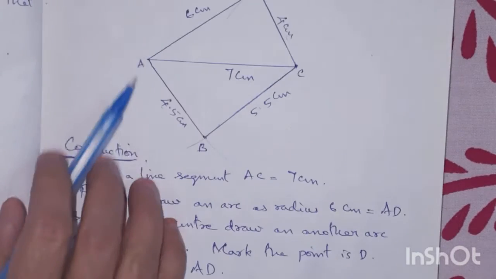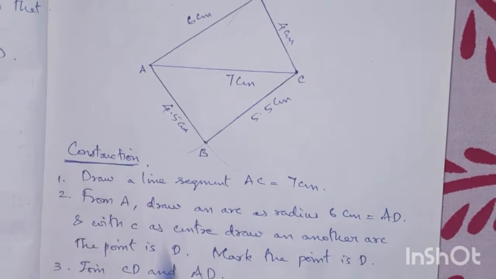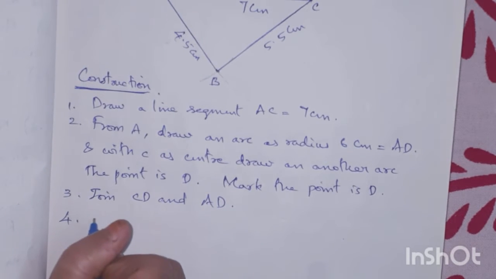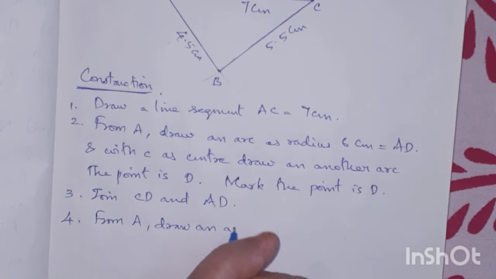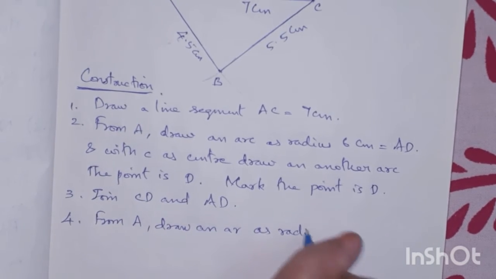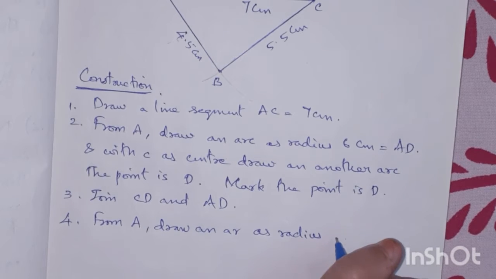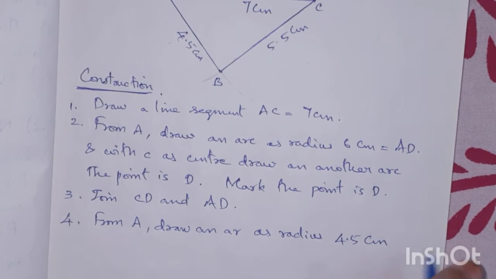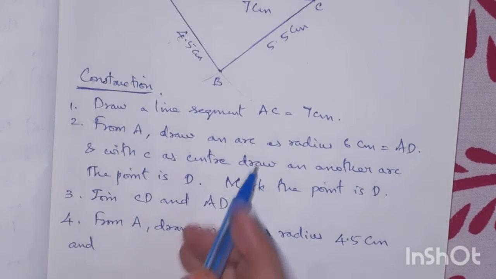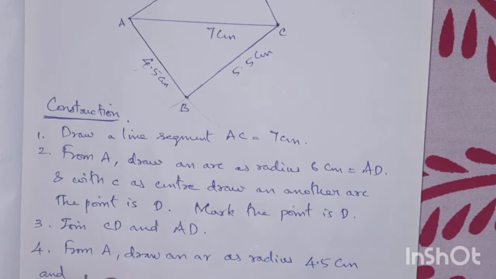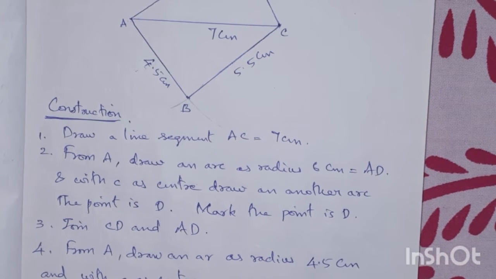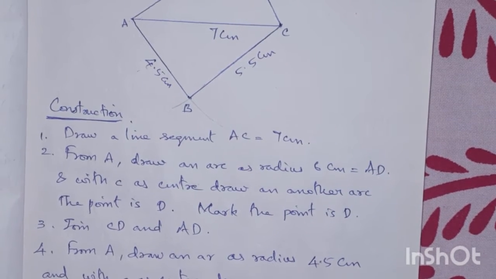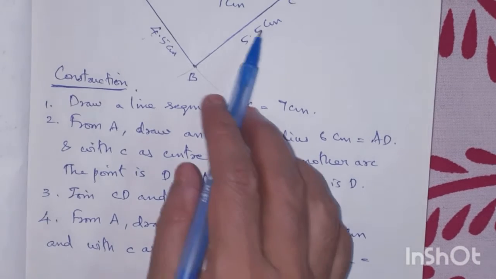Now the fourth point. From A draw an arc as radius 4.5 centimeter, and with C draw another arc 5.5 centimeter.